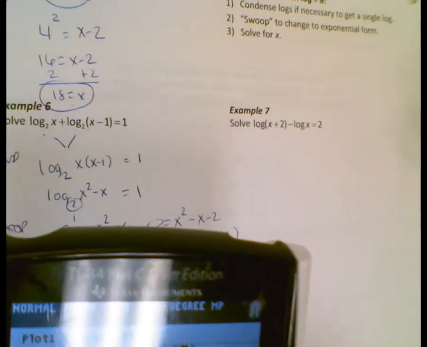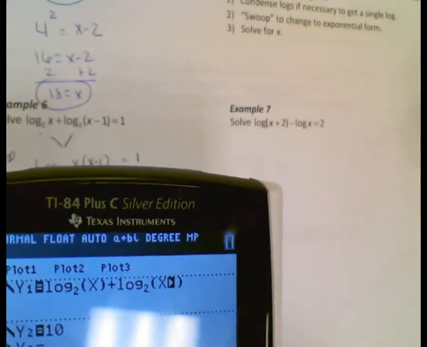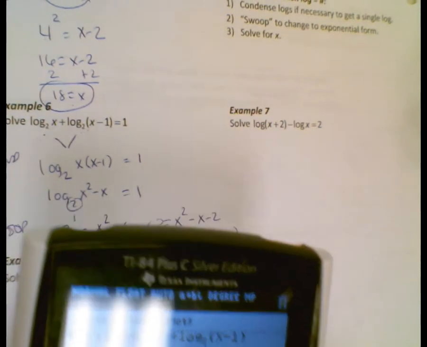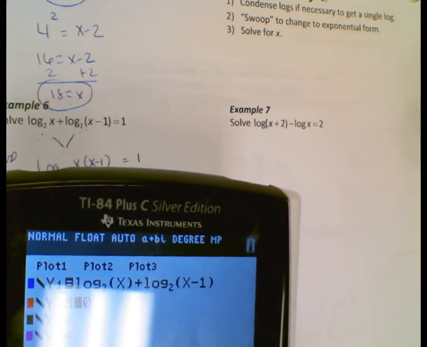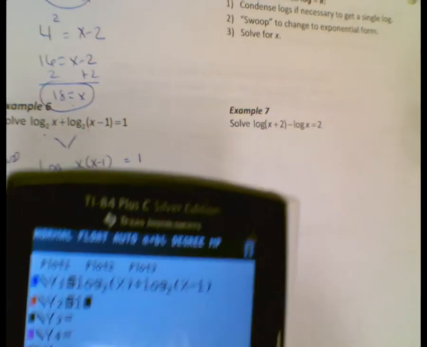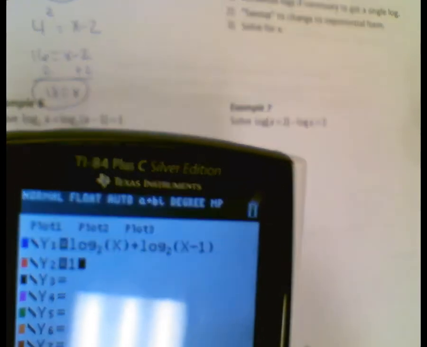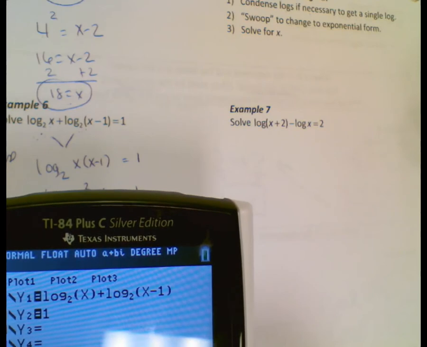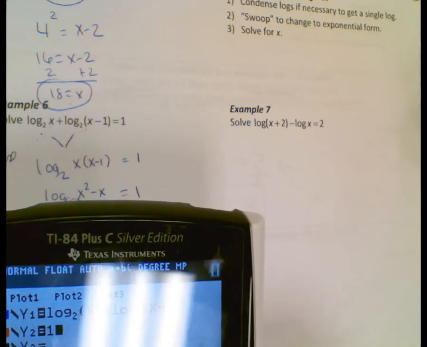There's your base again. Inside is x minus 1. That's the left side. And then the right side is just 1. So you got the left side, and the right side is 1. And you press graph.